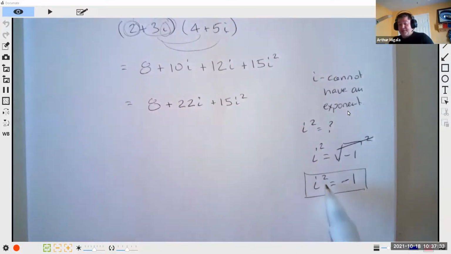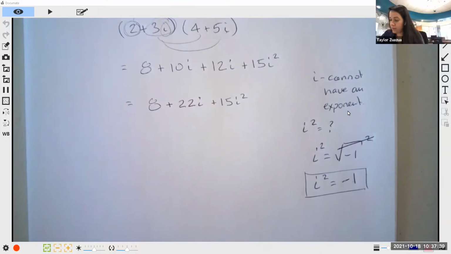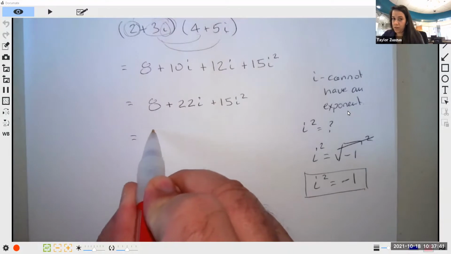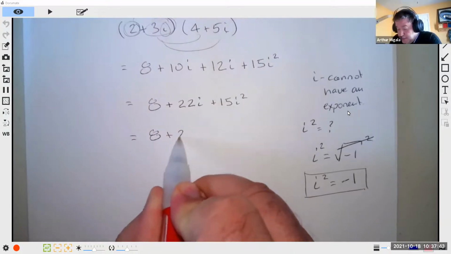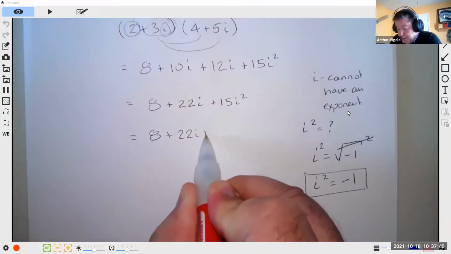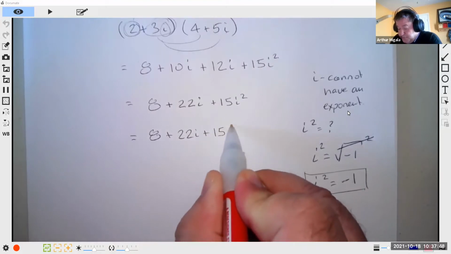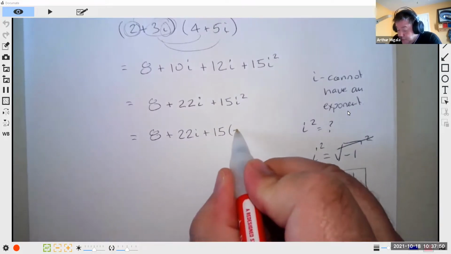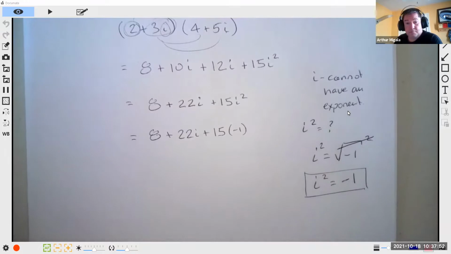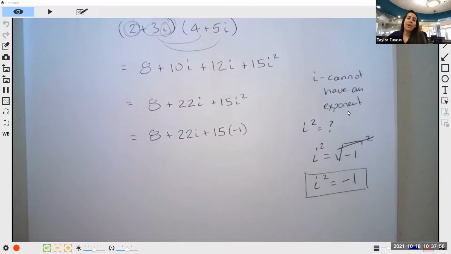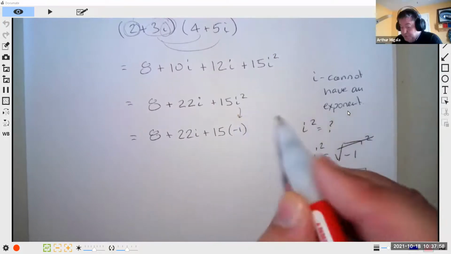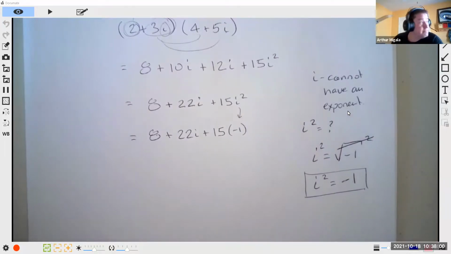Anywhere you see an I squared, just replace it with a -1. So we have 8 plus 22i plus 15, I squared, making a -1. So I squared becomes -1.